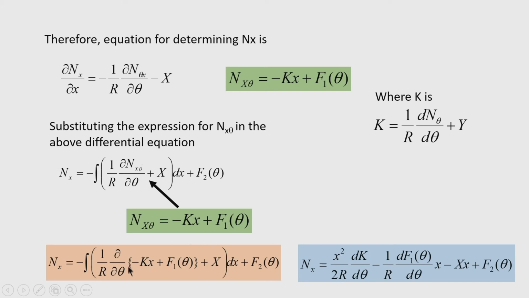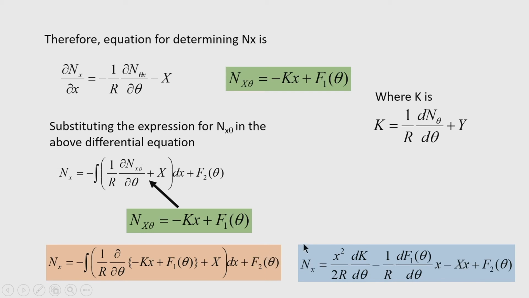The second term, df_1/dθ, appears here, and integration of this with respect to x is x, and 1 by r term appears here. Then the third term is capital X, the component of the load in the longitudinal direction, which is also a constant quantity. So, its integration will be minus capital X into x, plus the constant of integration.